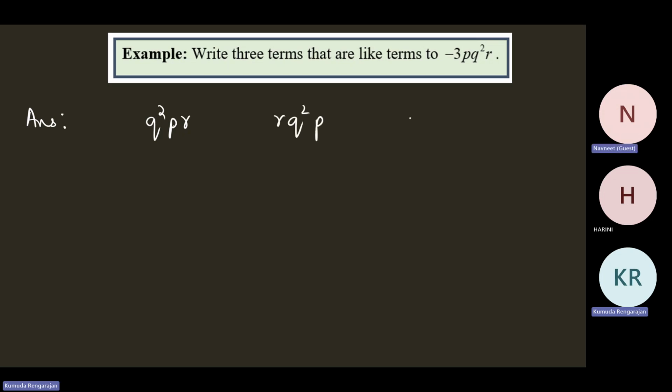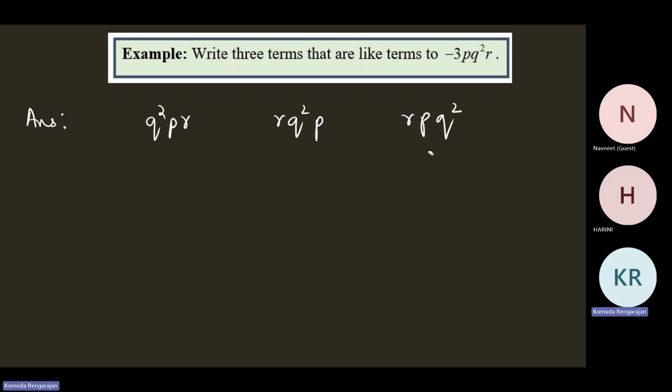The third one can be r p and q square. Just for you to understand, I have written the factors in different orders. The same factors p, q square, r in different order. Everywhere you have the same factors. That's why they can be like terms.